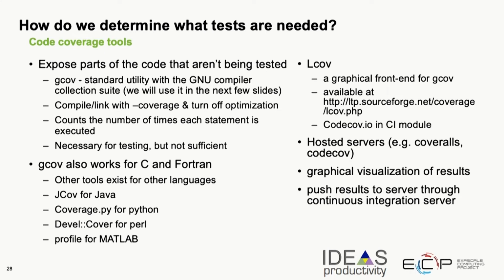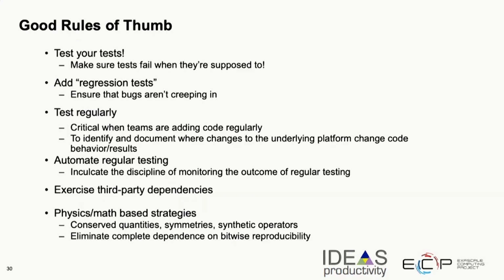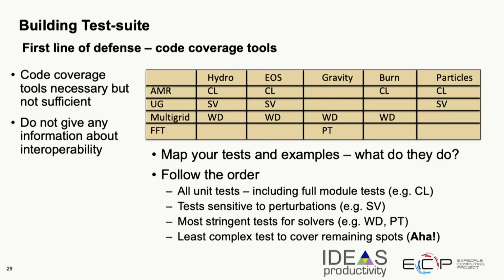So that is, like I said, the first line of defense, but it isn't comprehensive because they don't test for interoperability and functionality. That is an equally important thing for scientific codes: how do you make sure that you are testing for all possible ways in which your code may be exercised. So we developed this one methodology that I will briefly tell you about.